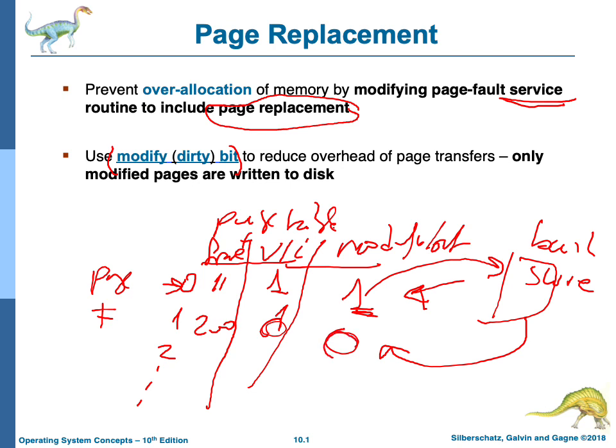If the version in memory is exactly the same as the one on the backend store, which means it's not dirty, it hasn't been modified, then there is no need to write it back to disk because it's the same version. Only when it actually has been modified and the version in memory is different than the version on disk, then we write it back to the store.